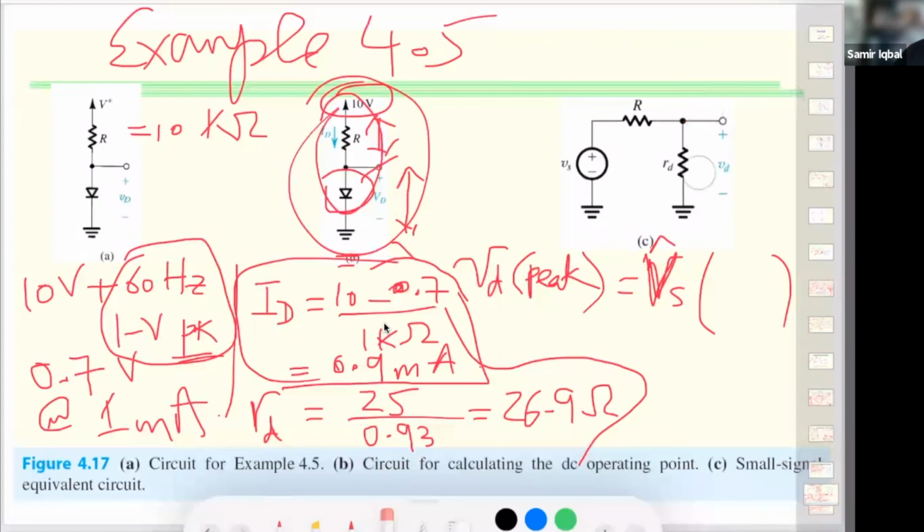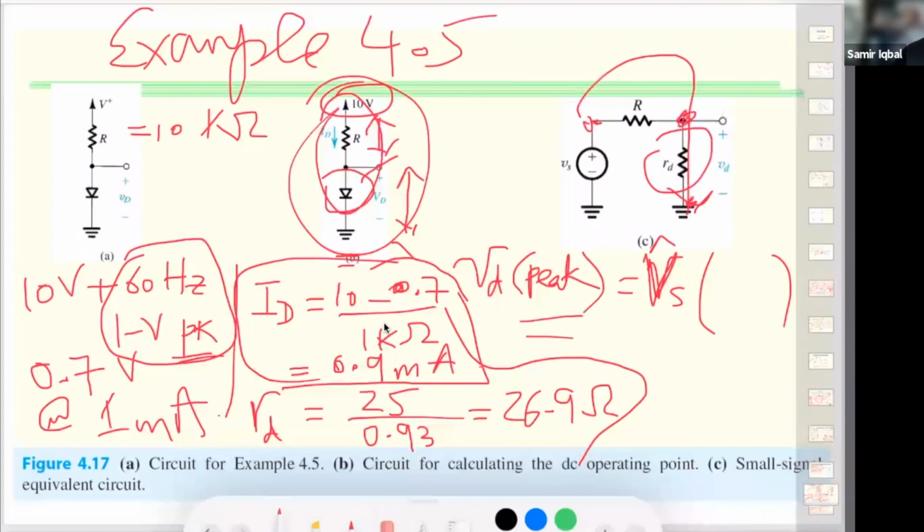What is RD? It is nothing but a voltage divider. I have to find this signal coming through this and how much is the voltage drop across this guy, while this is also presented to that same signal. It's the ratio proportion of these two.